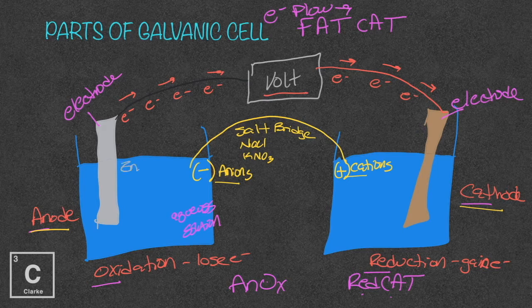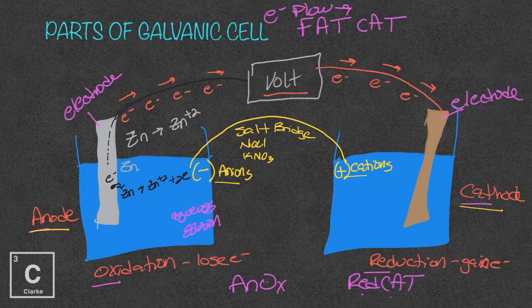So what is happening here, if we zoom in, is our zinc is losing electrons. Actually, our zinc is going to lose 2 electrons and become zinc plus 2. So when a little zinc breaks off, it breaks down into its cation and those 2 electrons. Those 2 electrons go through the voltmeter to the other side, creating electricity.